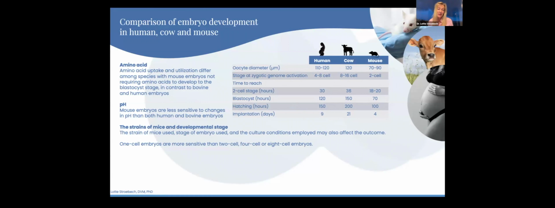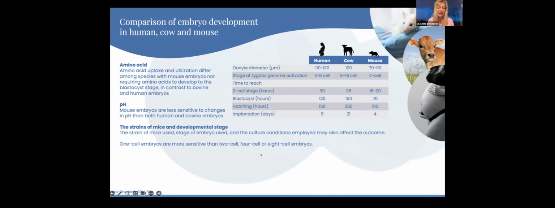But the amino acid uptake and utilization differ among the species, and mouse embryos are very easy to culture with almost no nutrients at all compared to human and bovine.